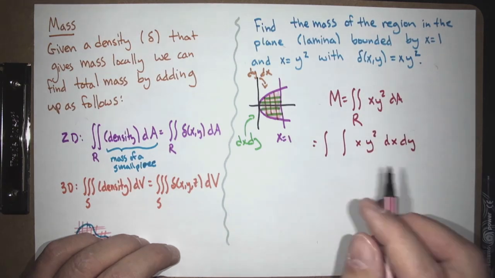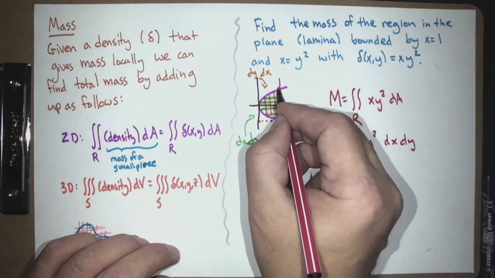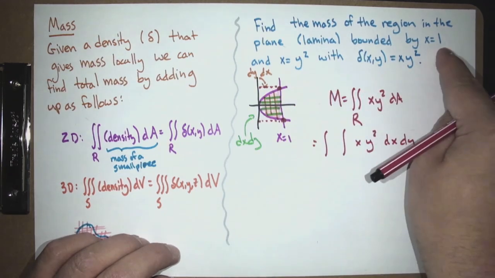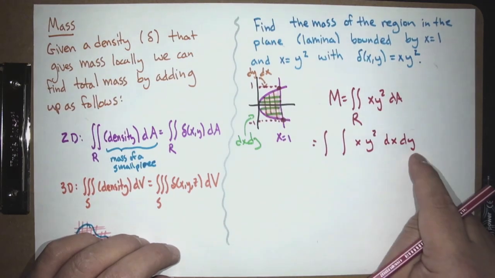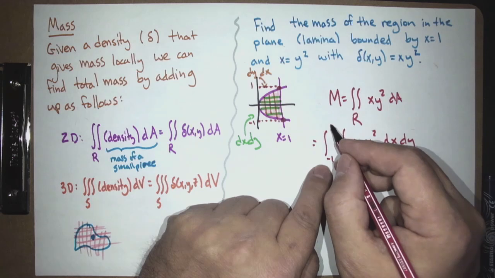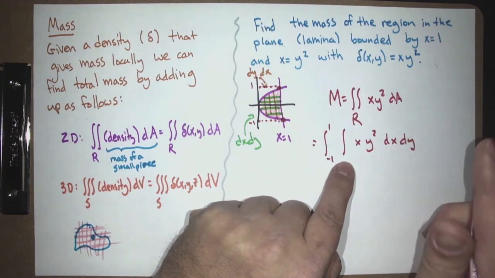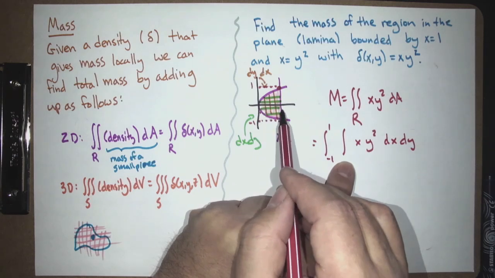Let's set up our bounds. Where does y squared match with 1? 1 and negative 1. So where does y go from? Negative 1 to 1. Where does x go from? x goes from y squared to 1.